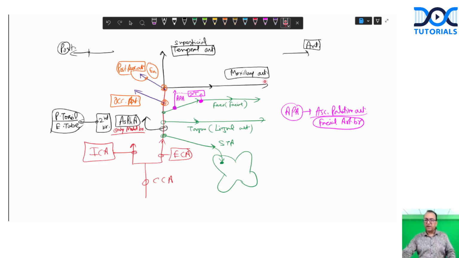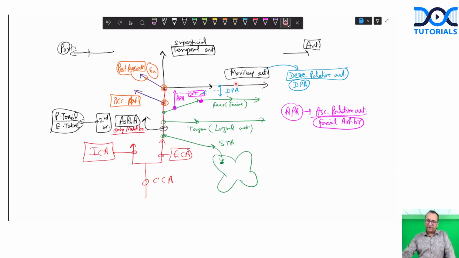You will see this is the maxillary artery, and the maxillary artery is giving a descending palatine artery, and that descending palatine artery supplies the tonsil. So this DPA is descending palatine artery. Yes. And this descending palatine artery is a branch of the maxillary artery.